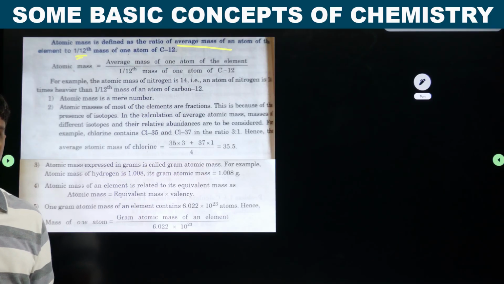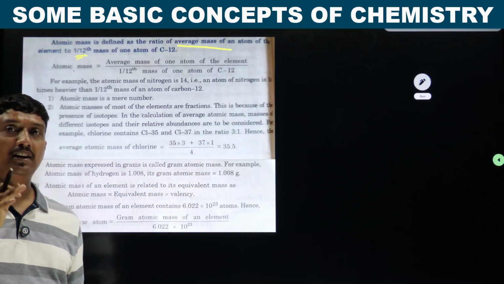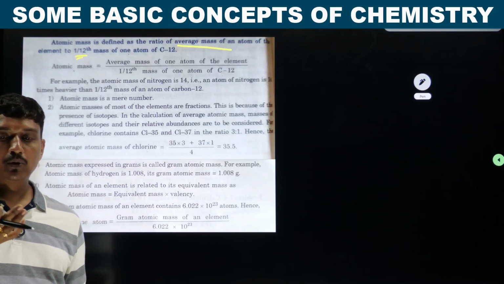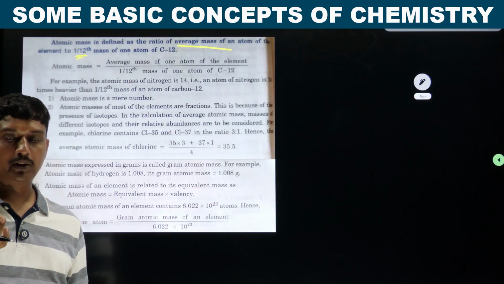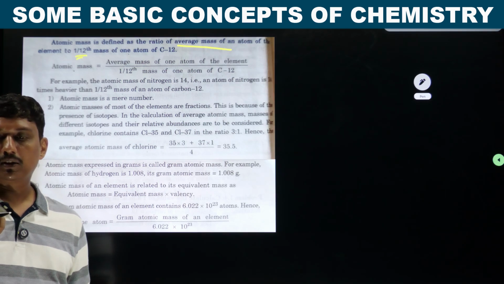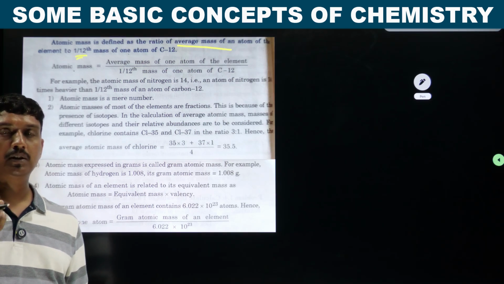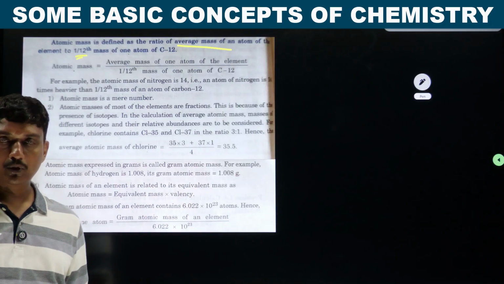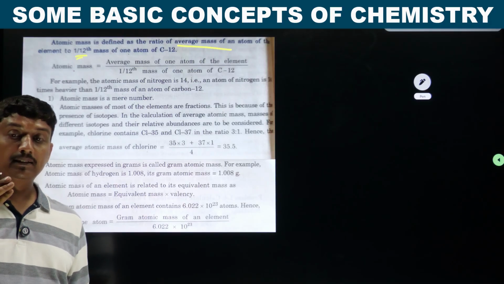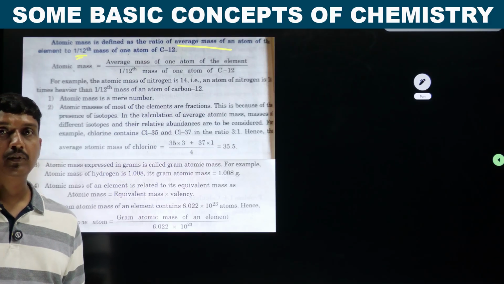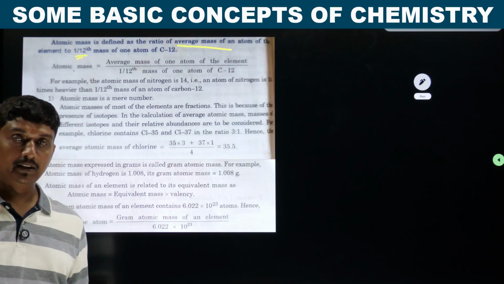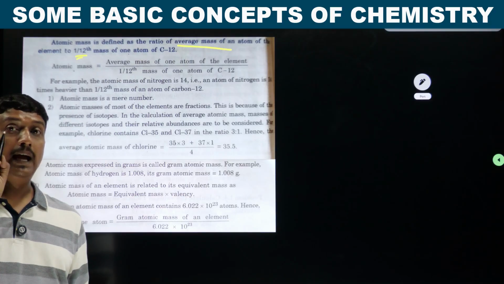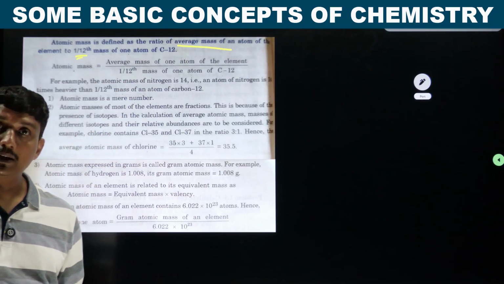Average mass is applicable for the elements which exist in isotopic form. If I take hydrogen, three isotopes are there: protium, deuterium and tritium. Oxygen has isotopes, carbon has isotopes, nitrogen has isotopes. Their abundance is not equally distributed, not 50-50%. The percentage abundance is considered, the mass is taken, and the average mass of an atom is calculated.